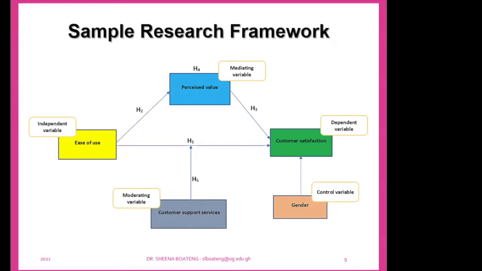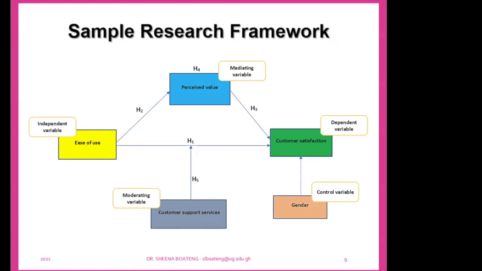Abna Samwa, you want to try? Yes. Between the ease of use and the customer satisfaction, there's a mediation of perceived value. But for the gender, there's nothing between gender and customer satisfaction.